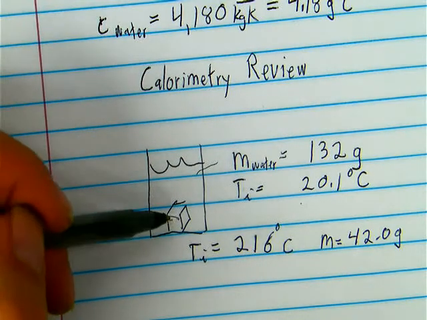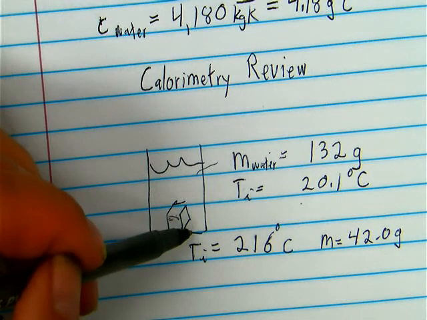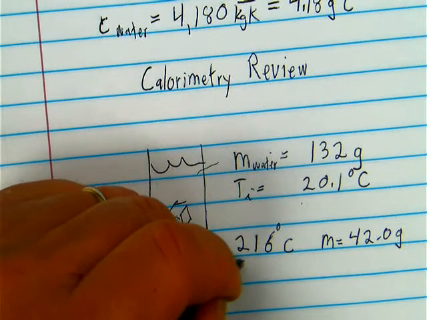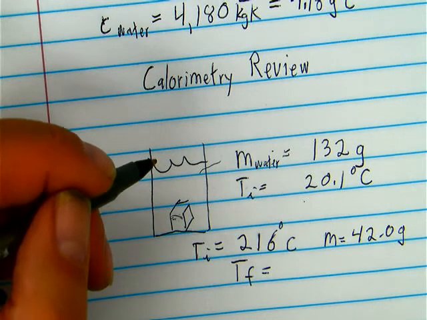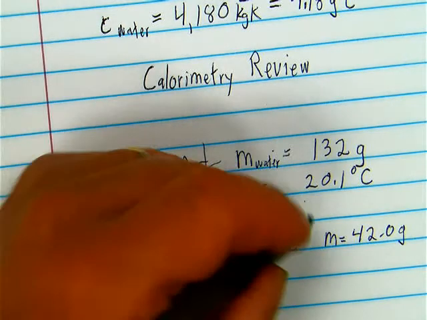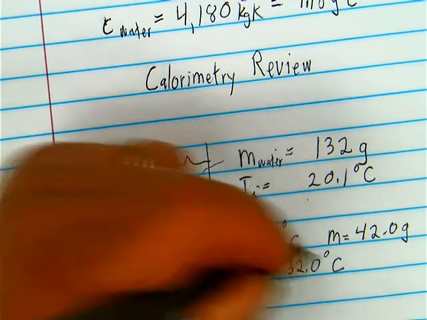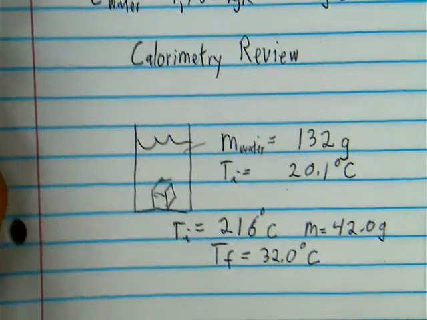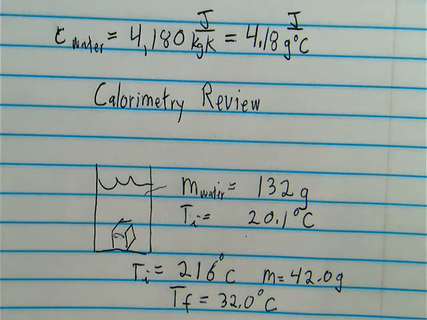And after I add this hot substance to this cold water, they reach a final equilibrium temperature of 32 degrees. But on a Celsius scale, that does not mean the freezing point of water. It would on the Fahrenheit scale. All right.